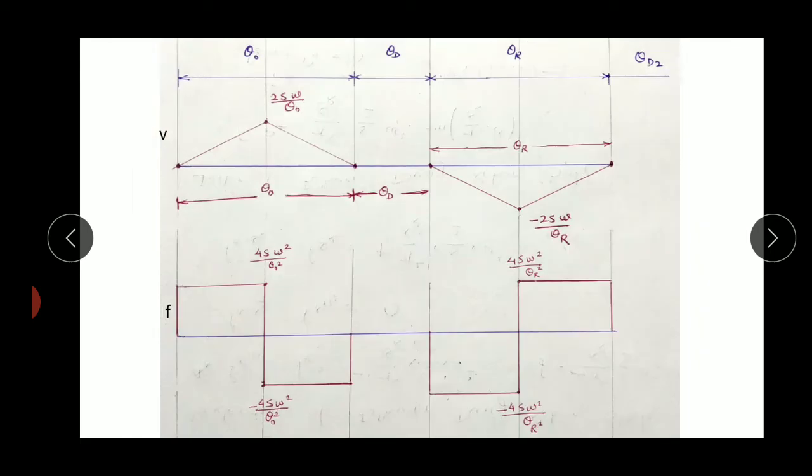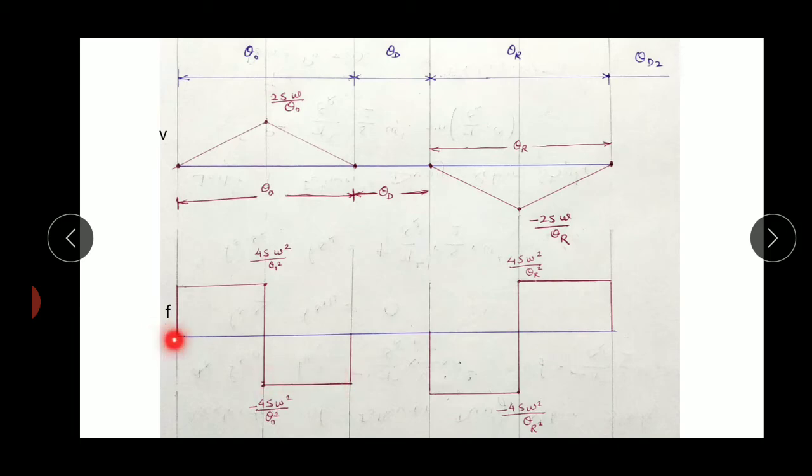So we have plotted it. As the slope is constant over here, acceleration is constant, and a constant is represented by a straight horizontal line. During the first half of outstroke, acceleration is positive. During the second half of outstroke, the acceleration is negative.